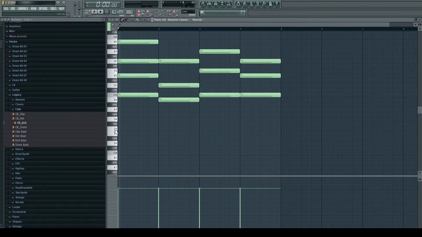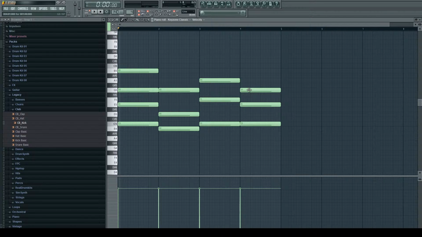That would be F. So if I use a C dominant seventh. Now this is a major seventh. How do you make it into a dominant seventh? You just lower your seventh note, this one, a half step down.